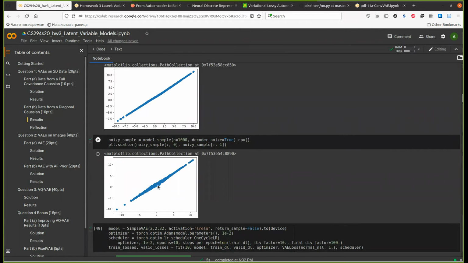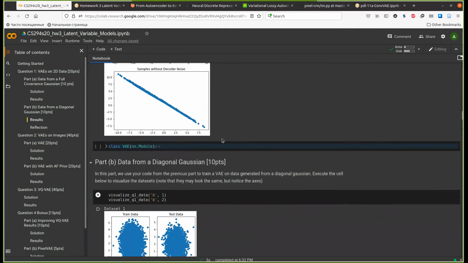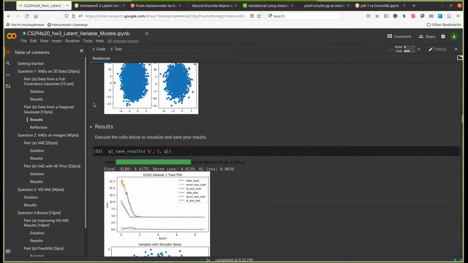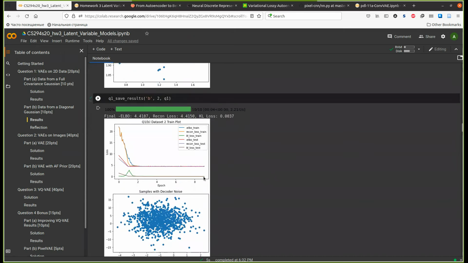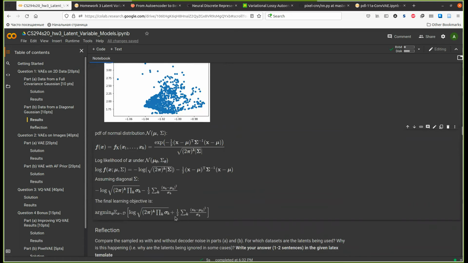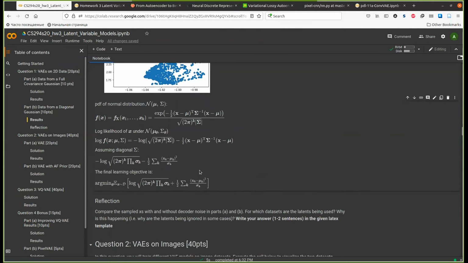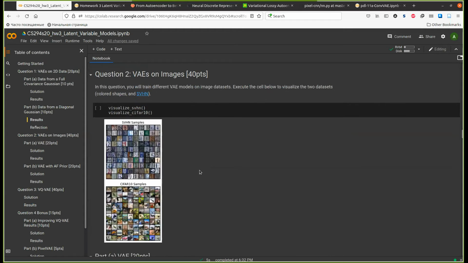You see that the variance outputted by the decoder is set to be very low, because what we can learn here is just a mean, and by minimizing the output variance of the decoder, we can minimize the first component here, but we cannot do much about the rest, because we can only learn a mean.